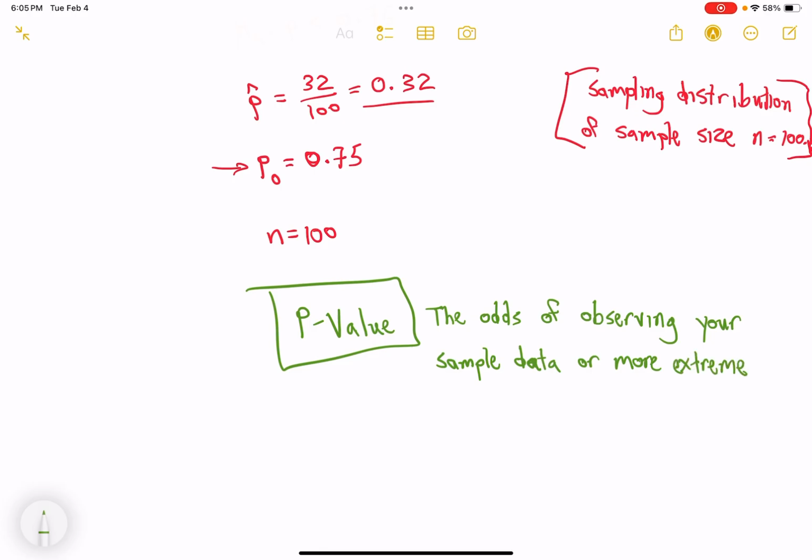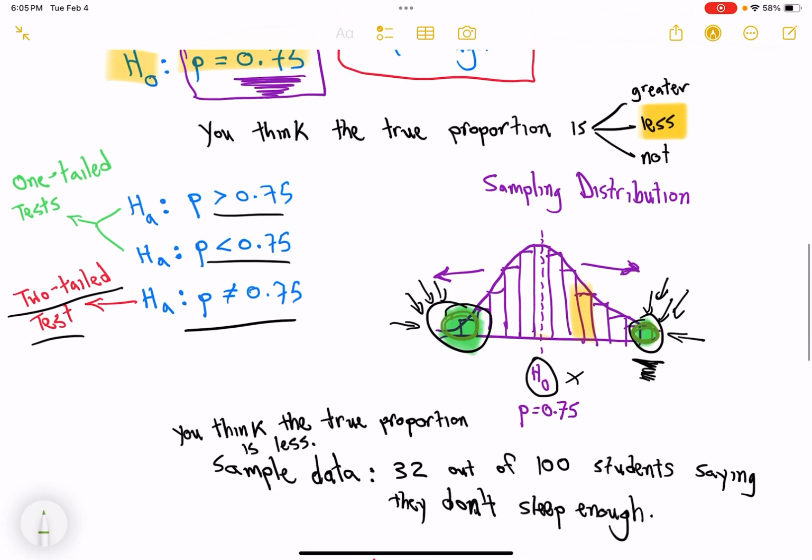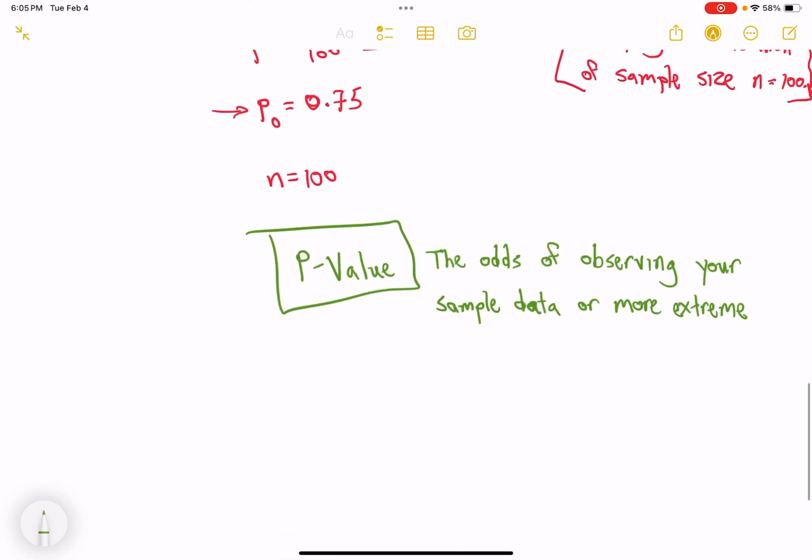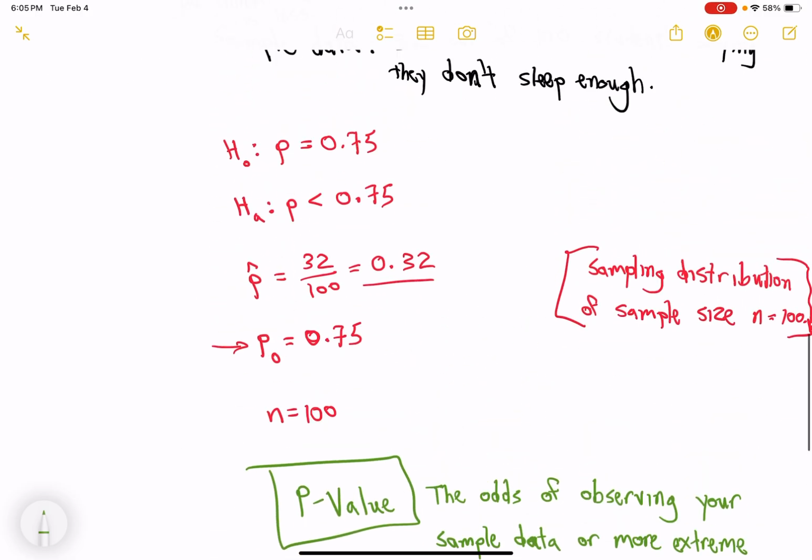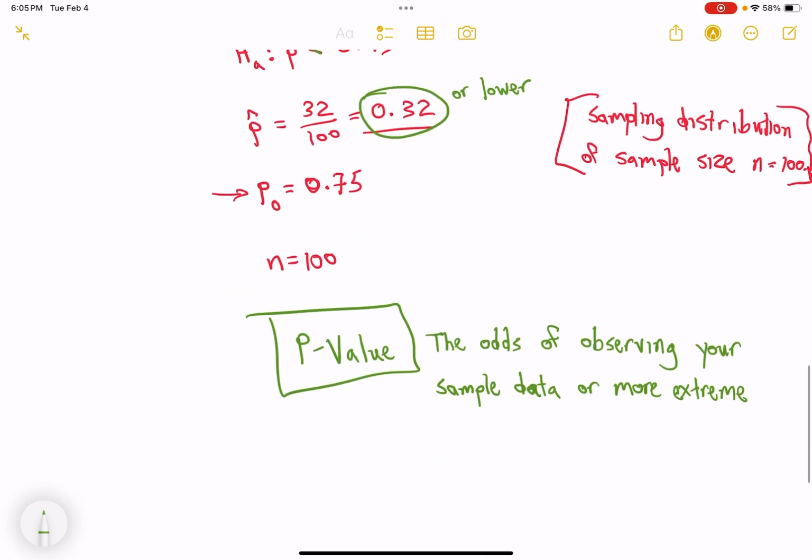When I say more extreme, what I mean is if I wanted to find less, like in this particular instance, then it would be, and even lower. Or if I were looking at values greater, it would be my value or even higher. But in ours, in this particular instance, we are interested in less, right? So it's the odds of finding sample data of 0.32 or lower, given that the null hypothesis is true.